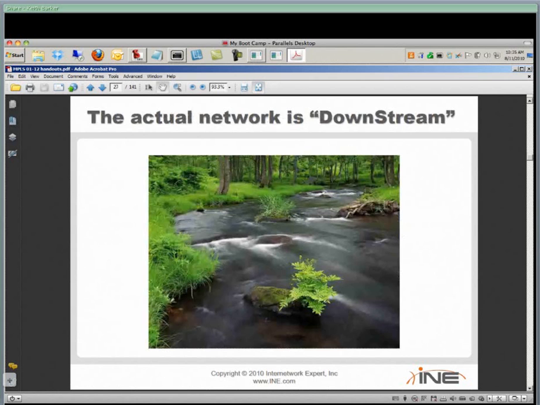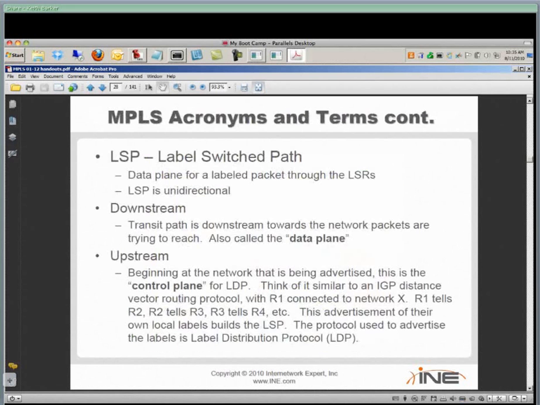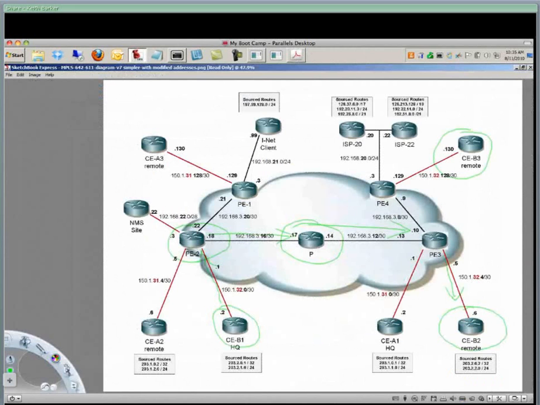As far as who is downstream and who is upstream, it depends on the actual route that we're tracking. So if we go back to our diagram and focus on this route, the 203.2.0.1 network that is owned by B1, the PE2 router would be the downstream router.